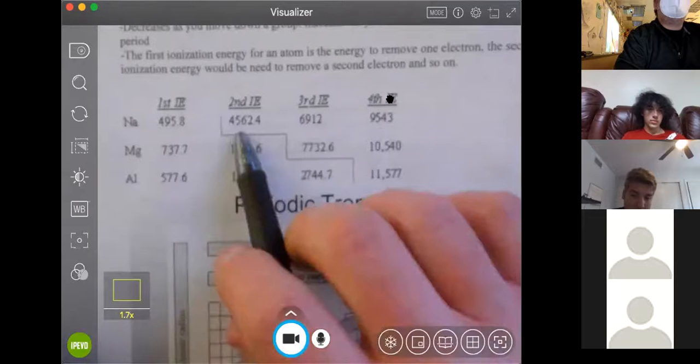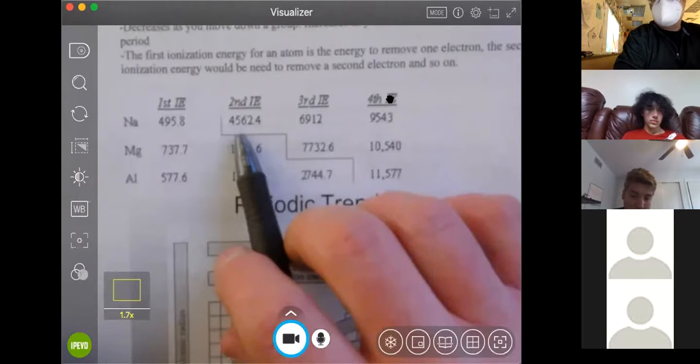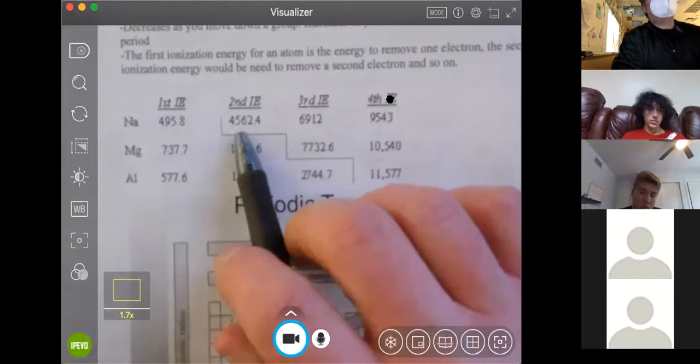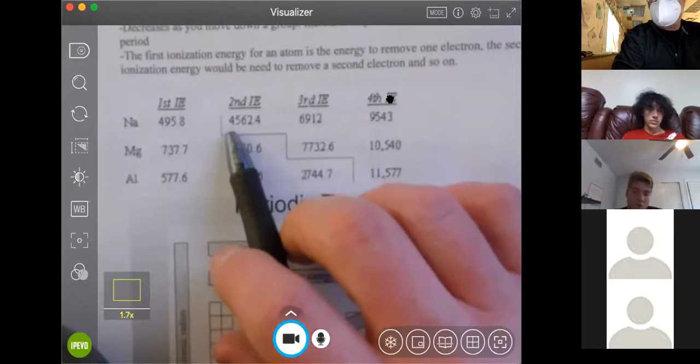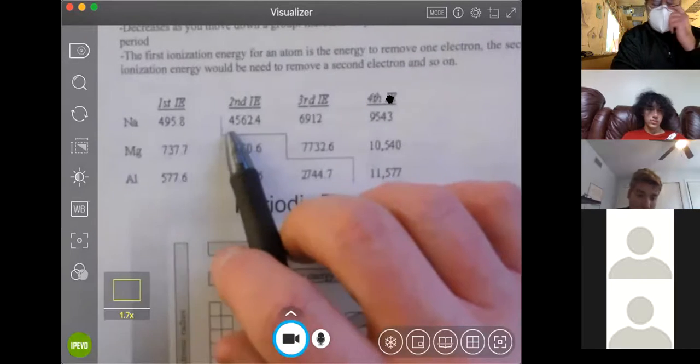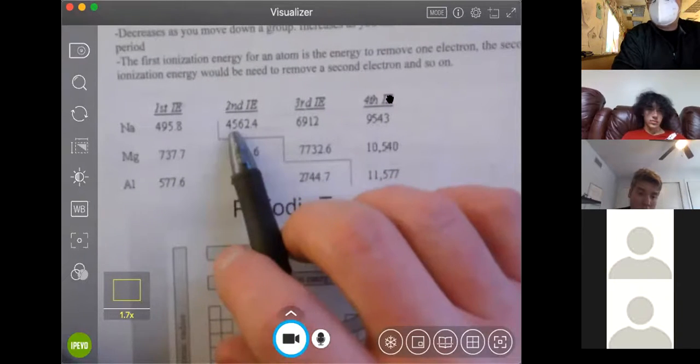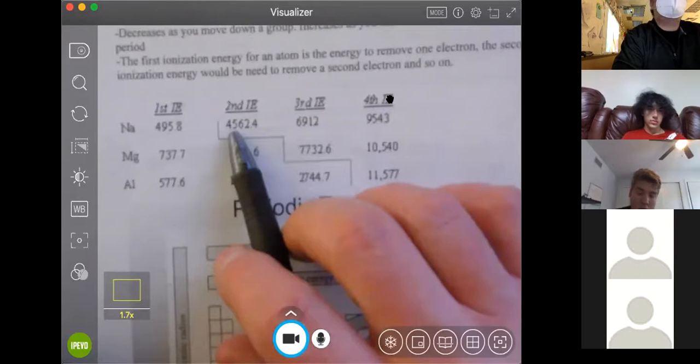But to take a second electron from sodium, that's going to cost you 4,562 kilojoules. That's almost 10 times more. It's actually about 9 times as much energy to take a second electron.